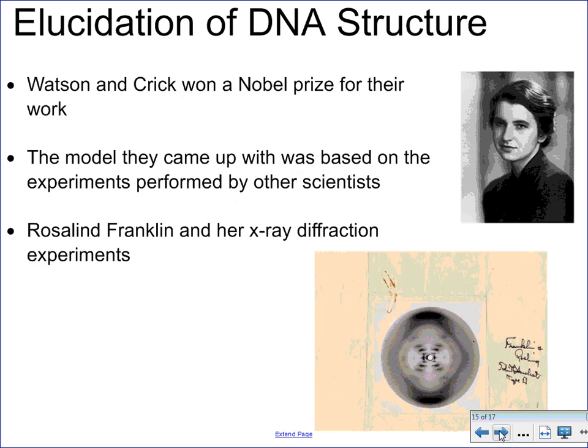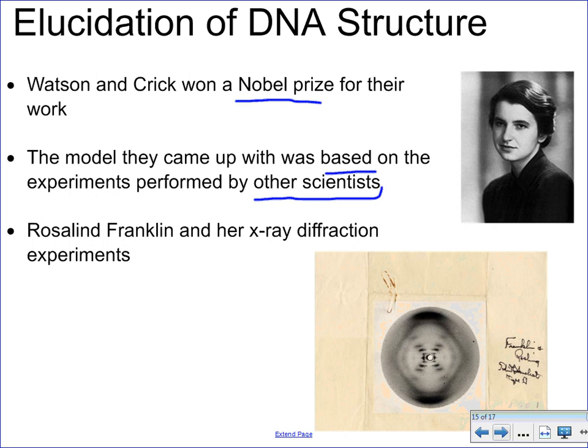For their work in figuring out the structure of DNA, they were awarded a Nobel Prize a few years afterwards. Now, there was some controversy around this because the model they came up with was based on the experiments performed by other scientists. Most notably, one scientist by the name of Rosalind Franklin performed what's called X-ray diffraction experiments on DNA.